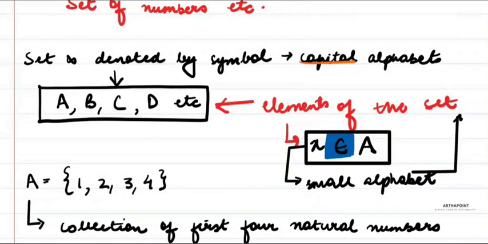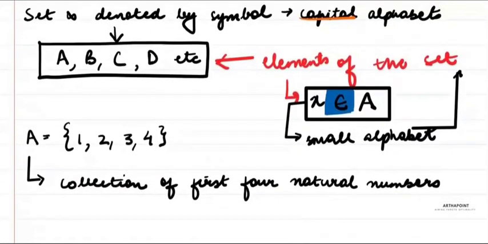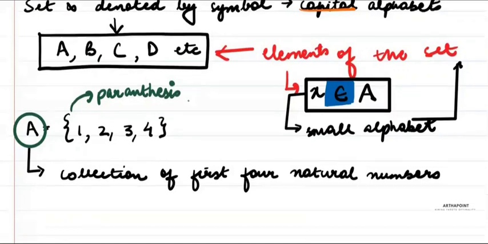Now, let's look at one of the sets. What I'm doing here is saying A is a set, and this set A consists of the first 4 natural numbers. So I'm going to represent A by a capital alphabet because that represents a set. These curly brackets are used to represent a set. You will never ever see any set represented like this.